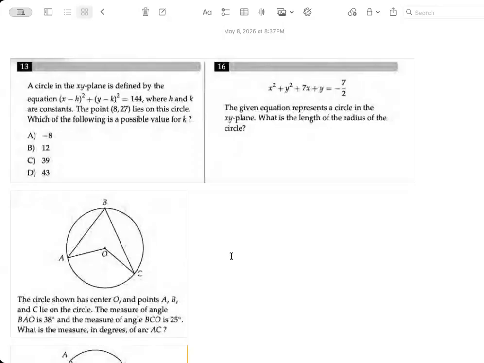It's a good one. 13th is a good one. What are the questions I have? 13 and 16.